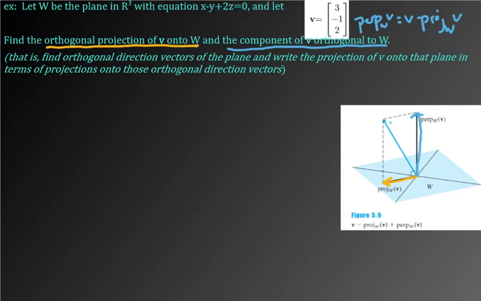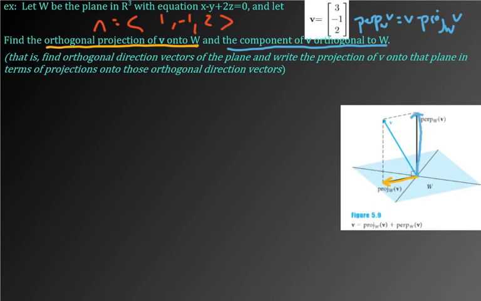So the normal vector to this plane is just 1, negative 1, 2, right? And so we've got to find something that is perpendicular to the normal, because the normal is going to be in line with this, and we want to be in the plane for a direction vector.